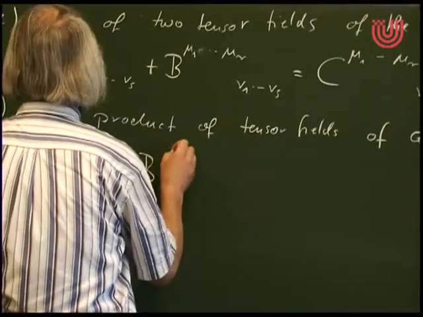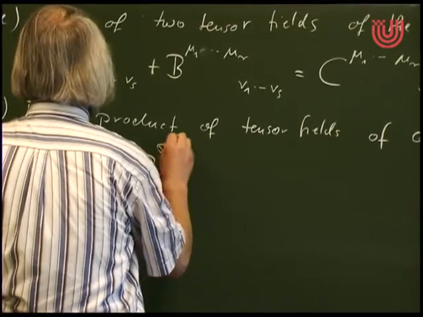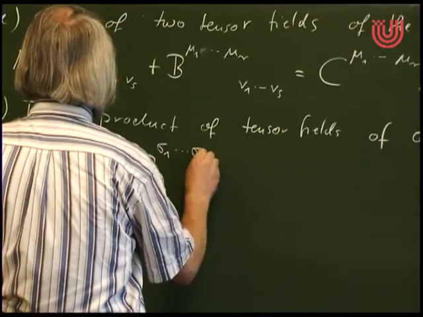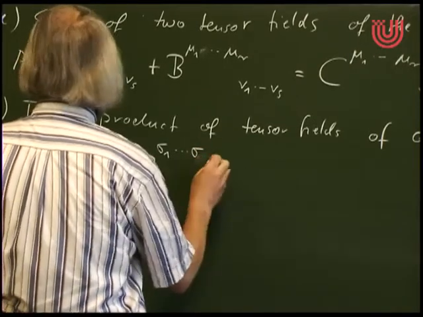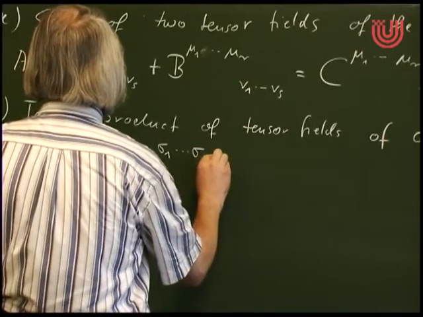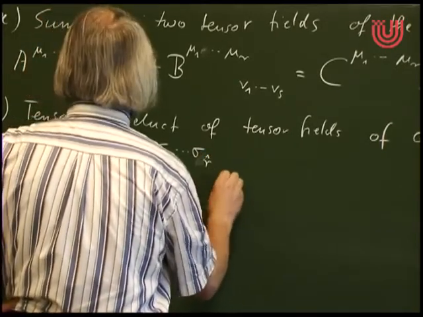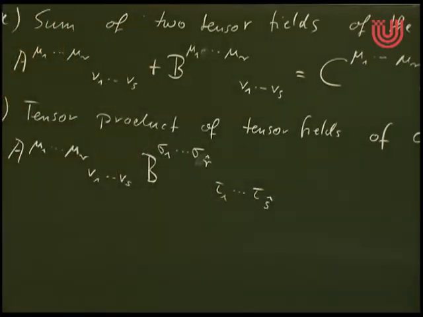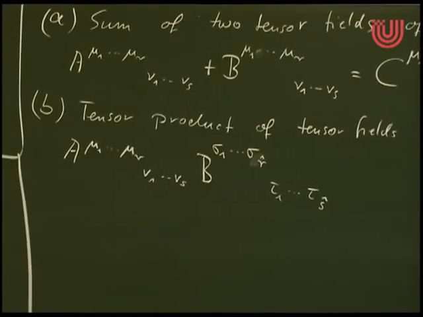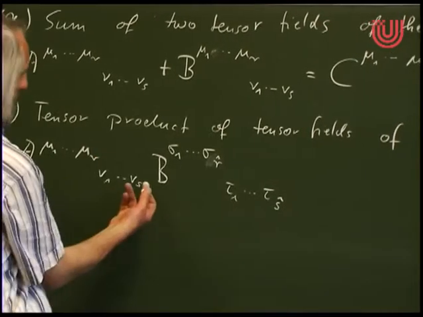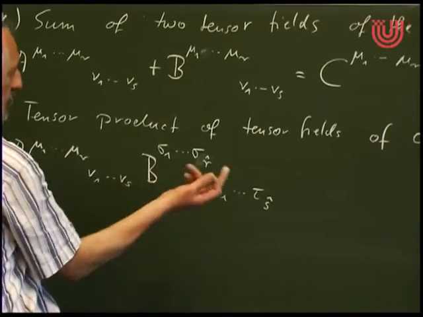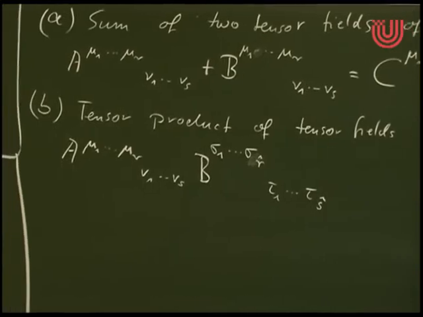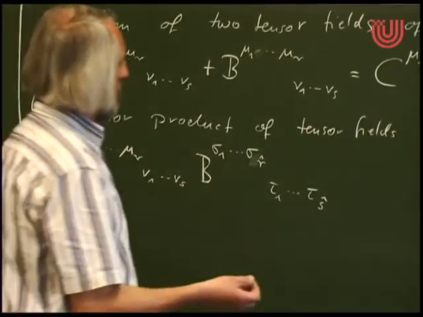Say this goes only from sigma 1 to sigma r hat, and here I have tau 1 to tau s hat. And I multiply them together. Well, the components are multiplied together just pointwise in the usual sense. They are real numbers at each point, so I can multiply them. And this gives, in fact, the tensor product of A and B.